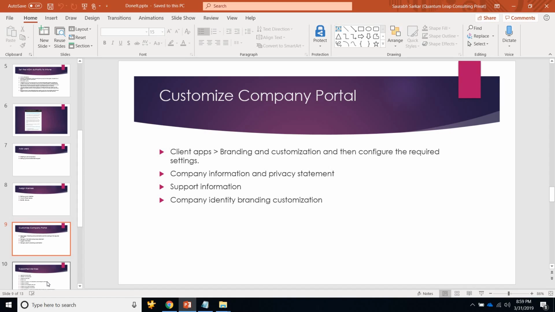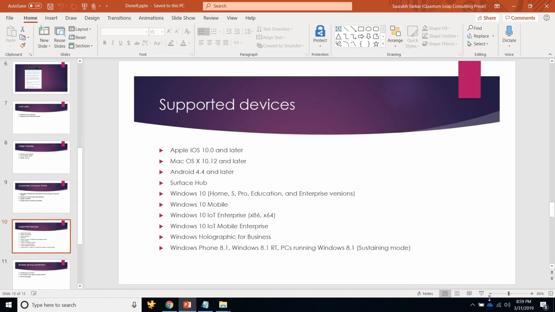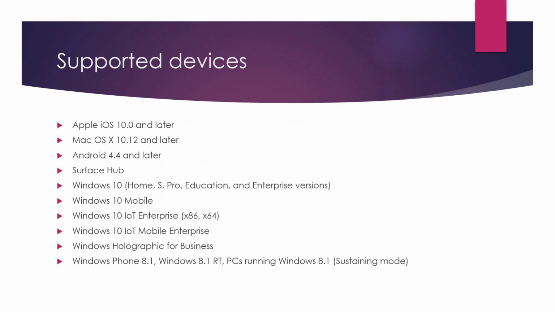Okay, so customization of company portal branding, which is something which I just now did. So other than that, these are a list of devices. Once the company portal branding is done, this is something which we need to keep in mind, that these are the devices that can be managed via Intune.